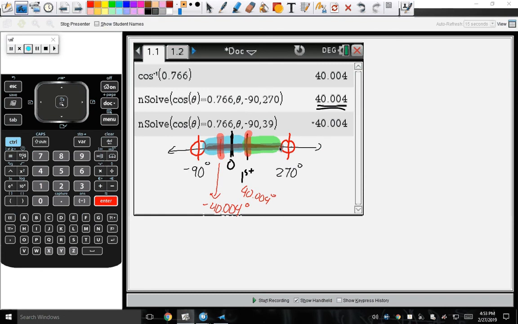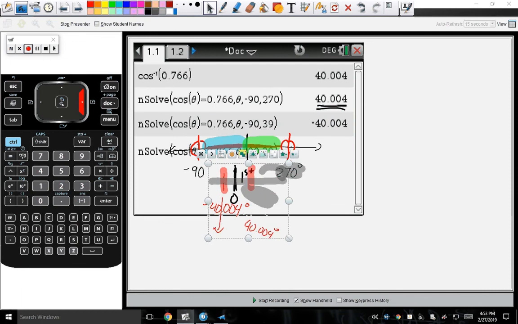If you wanted to check if there existed another one in between, now the question only asked for 2, but if there existed one between this positive 40 that we first found and this 270, you're just going to go up, you're going to press Enter and grab it, and then you're going to put, let me move this down just a little bit.